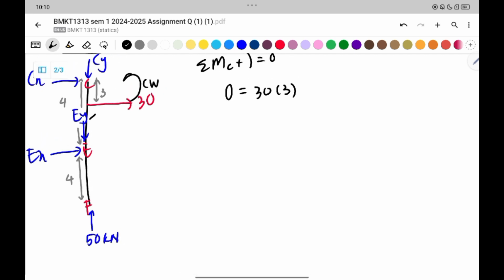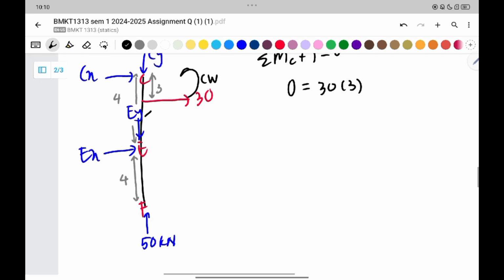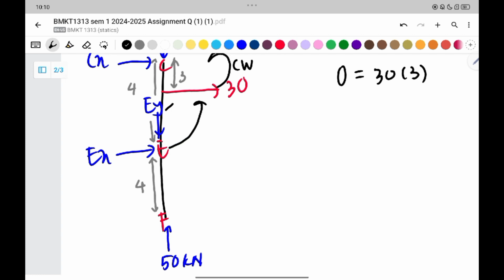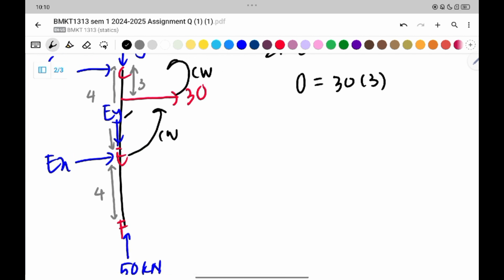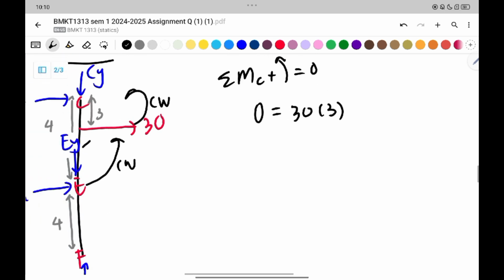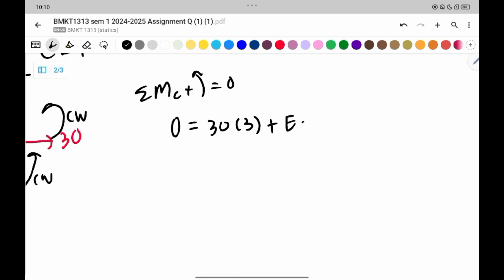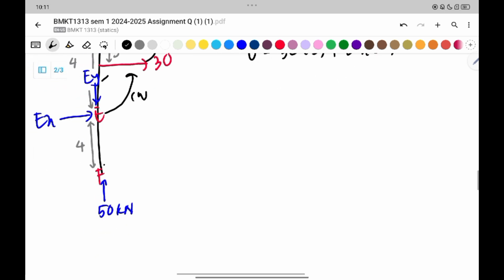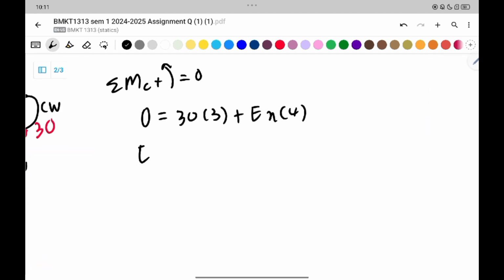Next is EY. EY is acting along the y-axis, so we need the x-distance, but it is 0, so we don't need to write it, or you can write it, it's up to you. Next is EX. EX is acting there, also counterclockwise, and the distance from C to E is 4, so plus EX times 4. Next is F, which acts along the same axis, so it has 0 length and we don't need to write it.